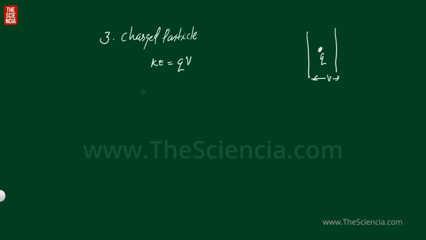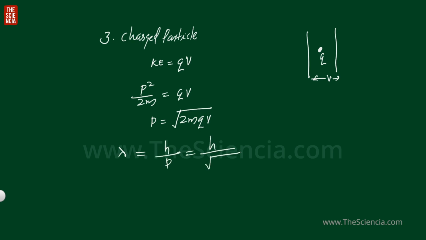And we know kinetic energy is equal to p square by 2m, that is equal to QV. So we can find this p value, that is root 2mQV. Therefore we can find the corresponding de Broglie wavelength lambda, that is h by p, that is h by root 2mQV.